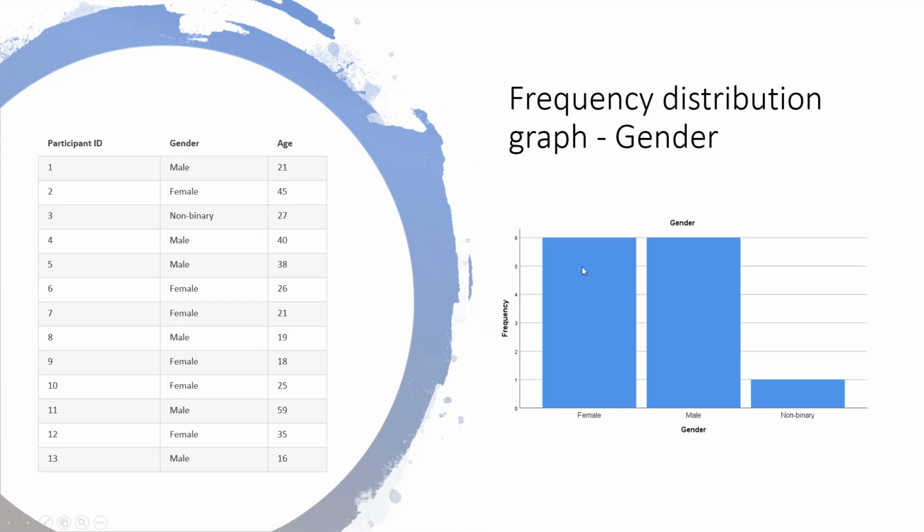So we can see that there are, in this example, equal numbers of females and males, and there's one individual who identifies as non-binary. So that makes it a lot clearer to communicate what our sample looks like to another person using these frequency distributions.